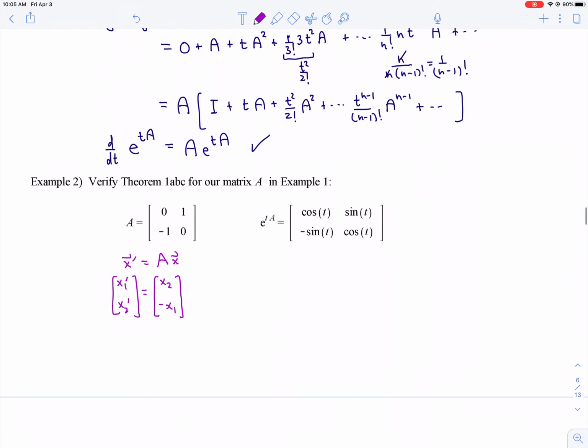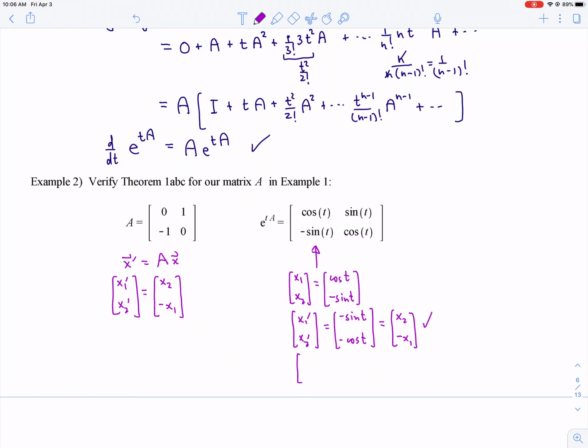All right, so let's look at the first column here. If x1, x2 is cosine t, minus sine t, then x1 prime, x2 prime is, derivative of cos is negative sine, derivative of negative sine is negative cos, and for our x1 and x2, that is x2, which was negative sine t, and negative x1.